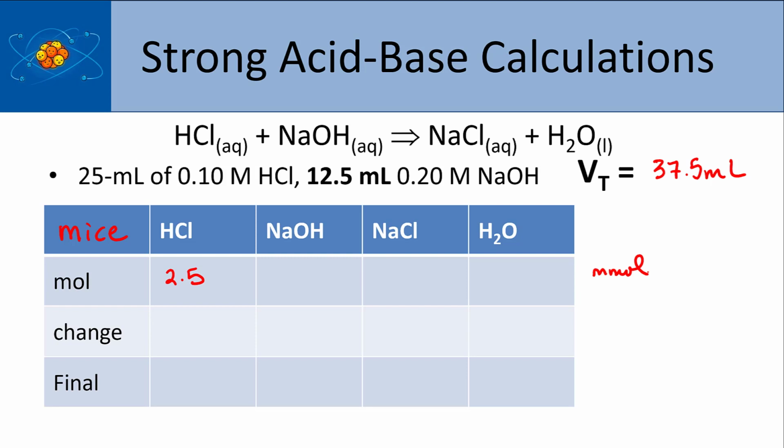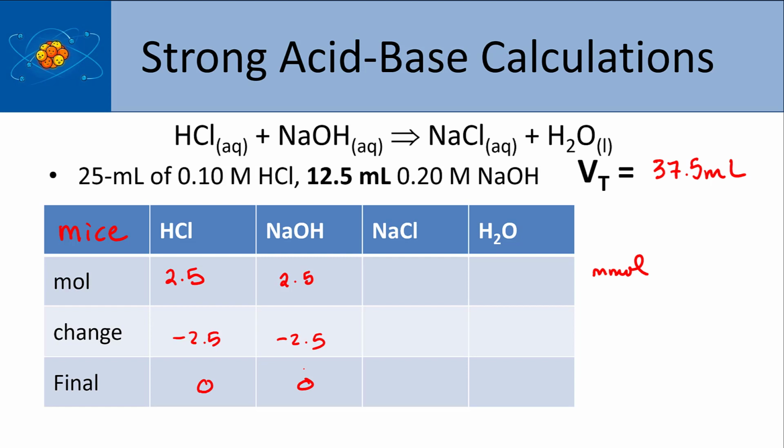The NaOH is 12.5 times 0.2, so that comes out to be 2.5 as well. Now, you don't have an excess reactant, so it's going to be minus 2.5 for both of them. And there's 0 and 0, okay?